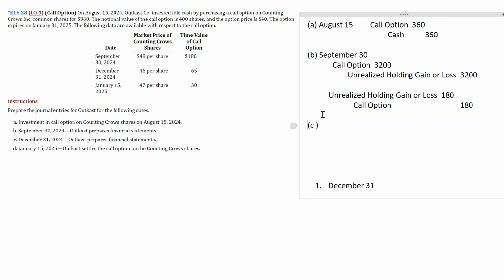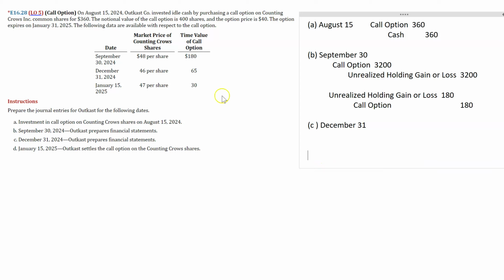Again, December 31st, we are not exercising the options, we are not settling the options, but because of the stock price change, we have to calculate how option price changes and whether we have any gain or losses. So December 31st, we will check the stock price.